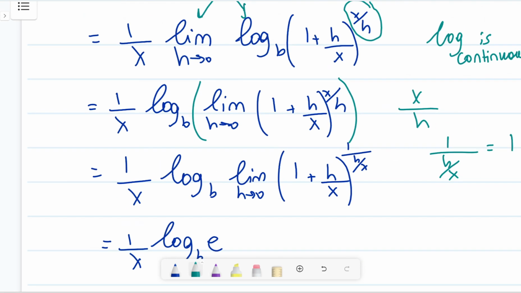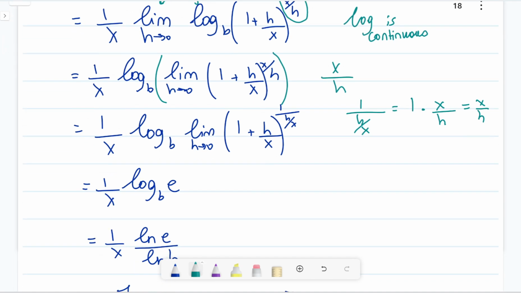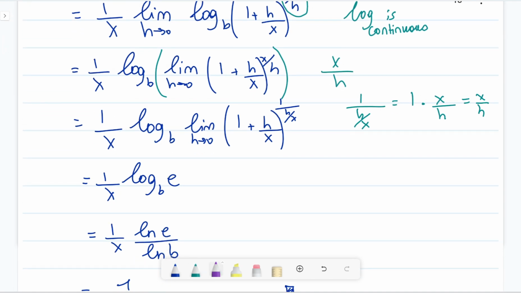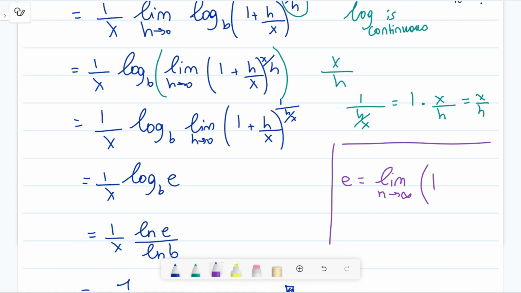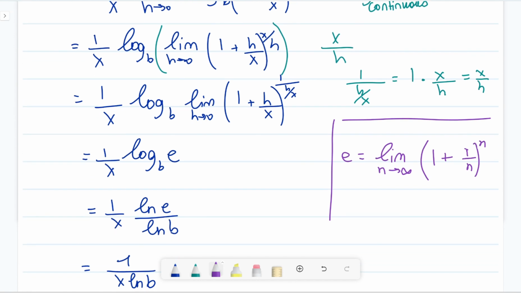I can rewrite this, and the reason why I'm rewriting it this way is because I want to reach something, which is e. By definition, e equals the limit of 1 plus 1 divided by n all to the power of n as n approaches infinity, which is equal to the limit of 1 plus m to the power of 1 divided by m as m approaches 0.